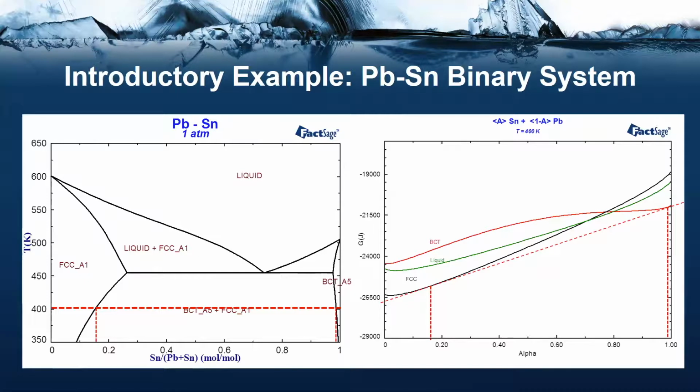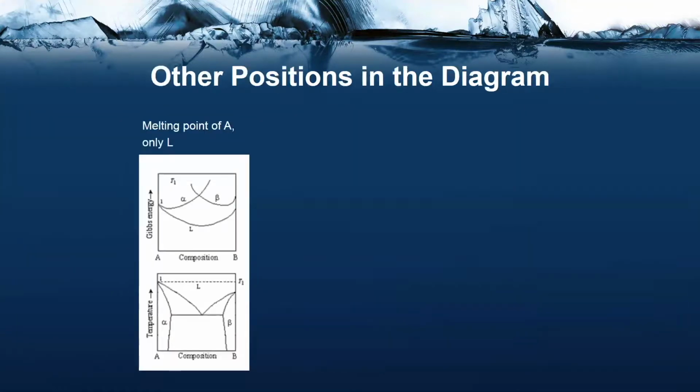In order to understand this concept fully, we'll briefly consider other places in the phase diagram as well. The upper figure illustrates the Gibbs free energy of some hypothetical phases at a fixed temperature of T1, and the corresponding phase diagram with the isotherm T1 is shown here in the lower figure.